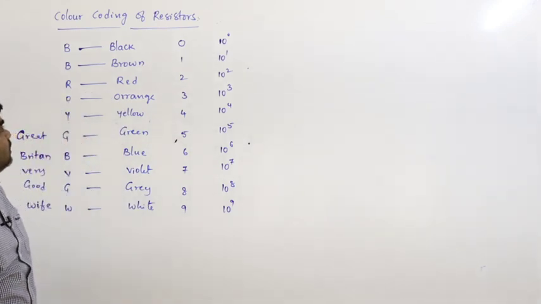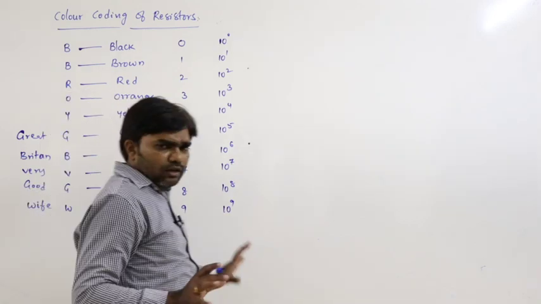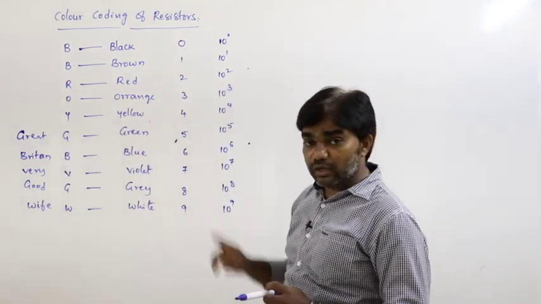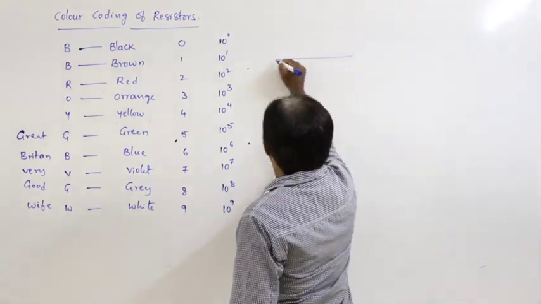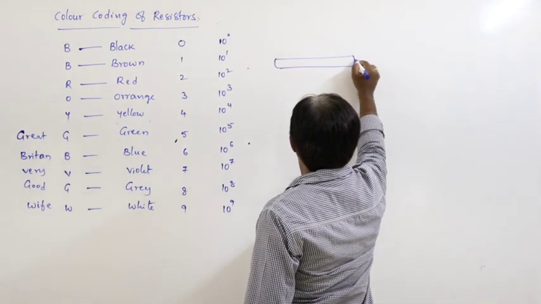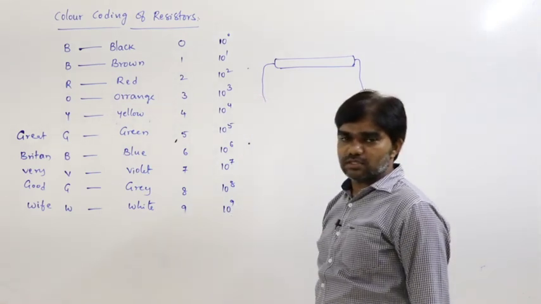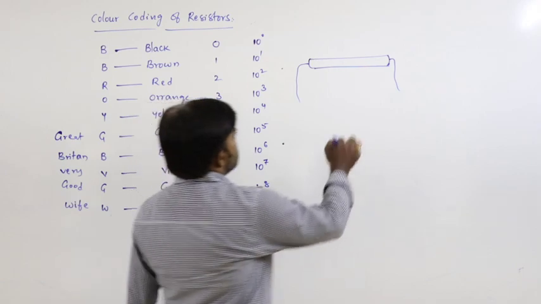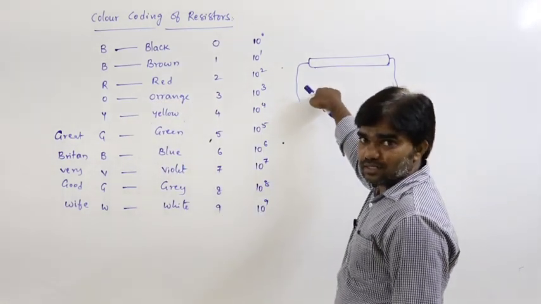So, how can you calculate the resistance based on this? See here. For example, this is generally the shape of the resistor.